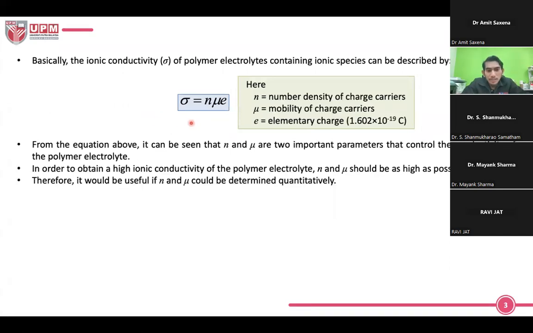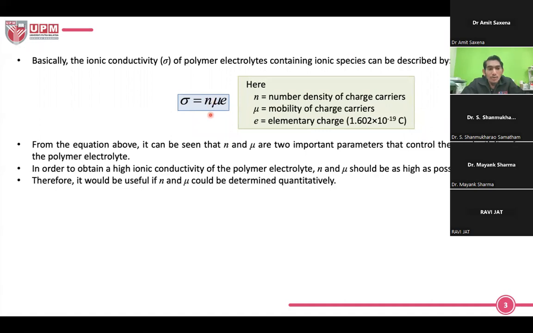And from this equation, we can see that n and mu, which are the number density of charge carrier and the mobility of charge carrier, are the two important parameters that control the conductivity of polymer electrolyte. If the conductivity of polymer electrolyte is high, it may be due to the high number density of charge carrier, or mobility of charge carrier, or maybe both n and mu are higher, or either one is higher and one is lower.